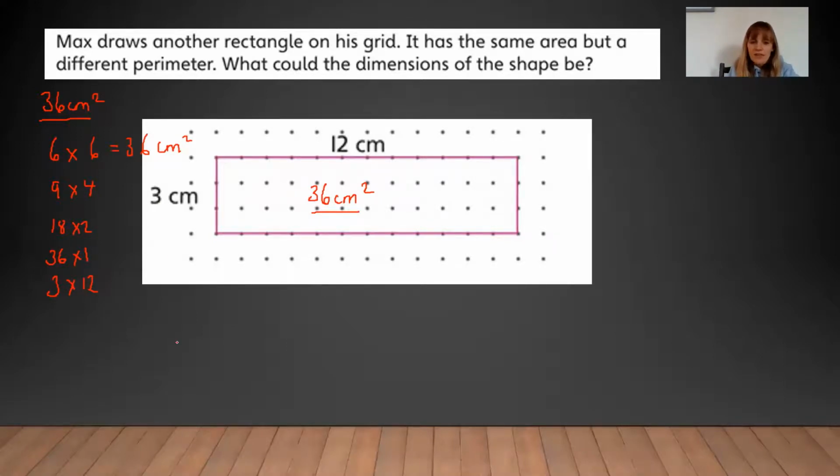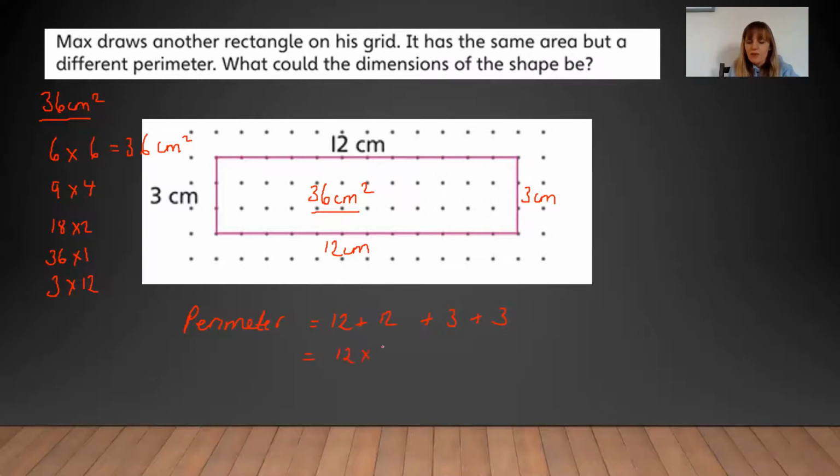Okay, so you could have done this in 2 different ways. So the perimeter, this is the long way, is basically adding all the lengths of the outside edges. So you've got to make sure maybe that you've written them all on there to see. So some people will do 12, add 12, add 3, add 3, which is fine, you'll get the same answer. But do you see you've got 2 lengths that are the same?